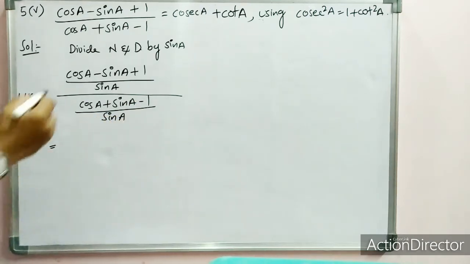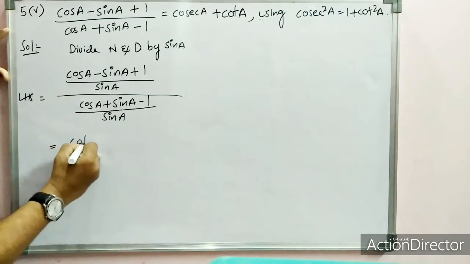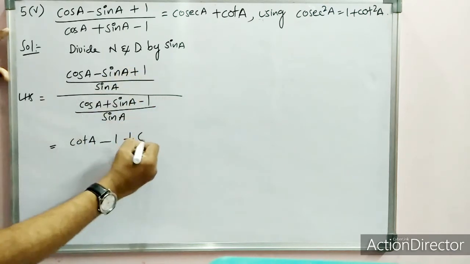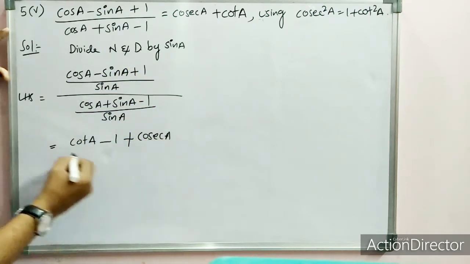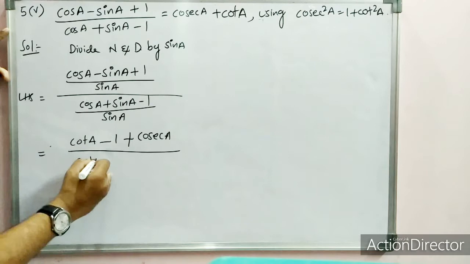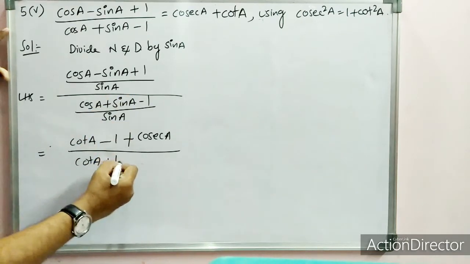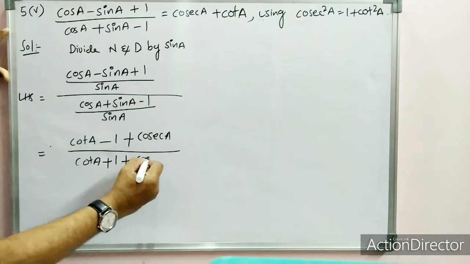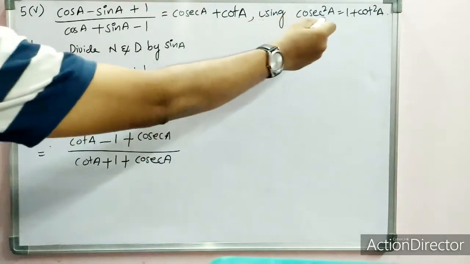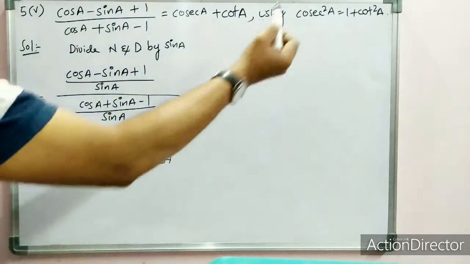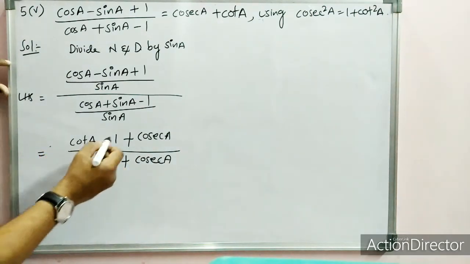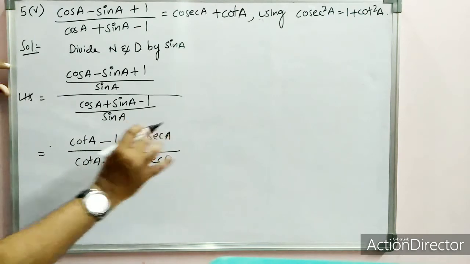Now you write directly cos by sine is cot A, minus sine by sine, it will become plus 1 by sine, which becomes cosecant A. In the denominator, cos by sine is again cot A, plus sine by sine is 1, and 1 by sine is cosecant A. Now we have to show this using the identity cosecant square A equals 1 plus cot square A. Keep the denominator as it is.